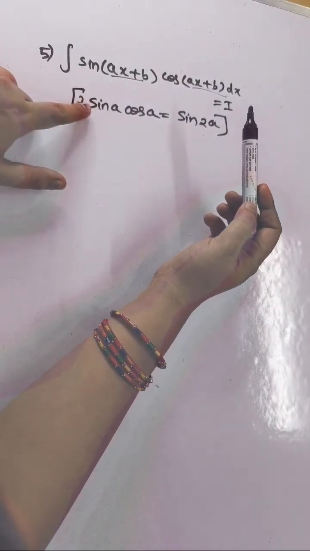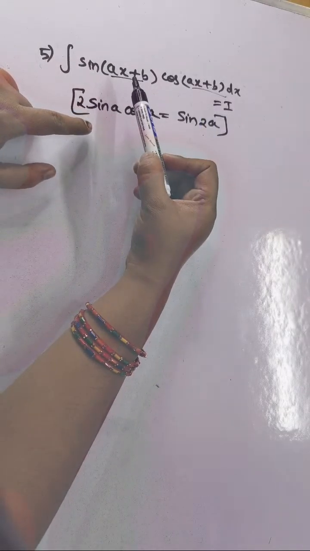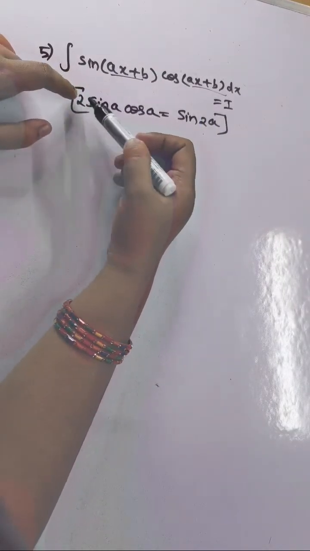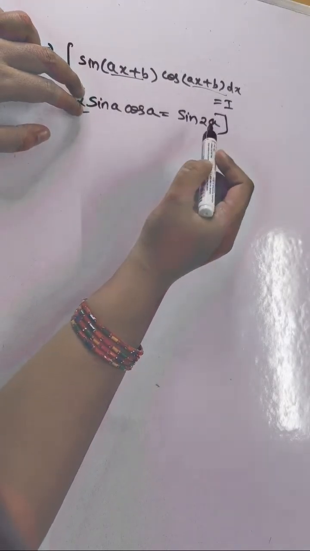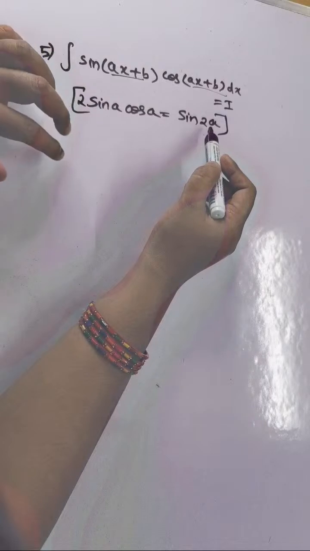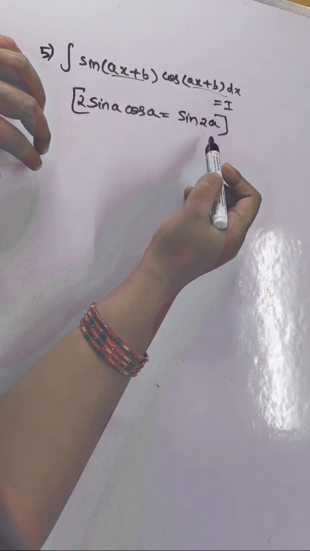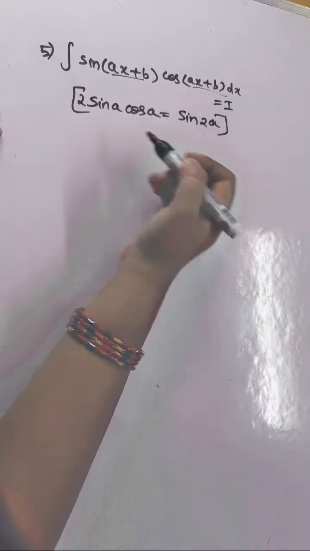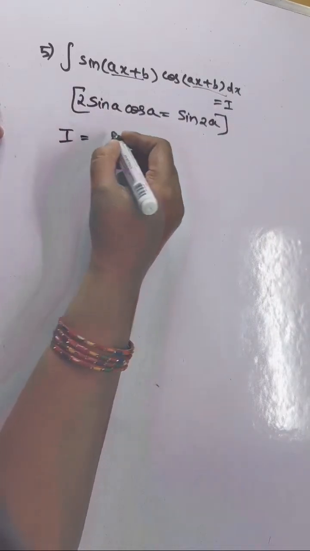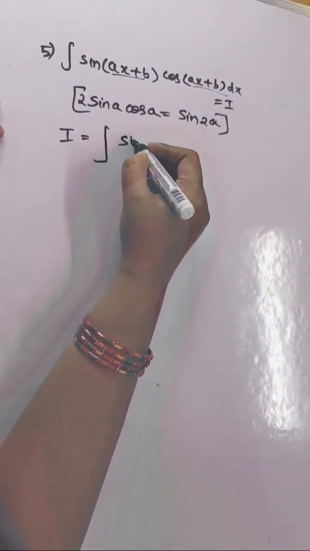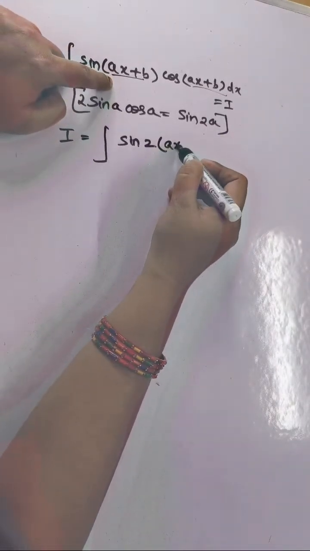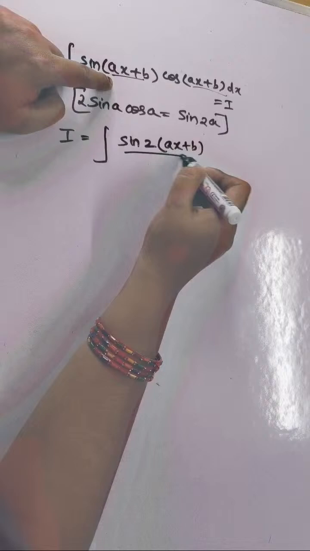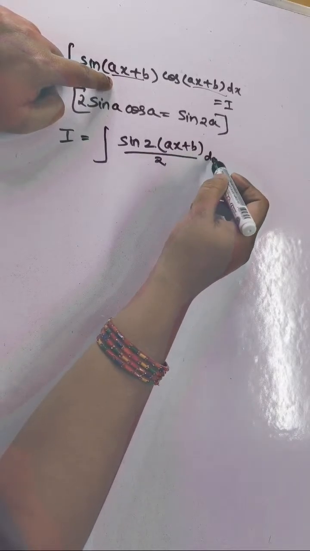In the formula you have 2, but in the question 2 is not mentioned. So take this 2 to the right side. Now the formula becomes sin A cos A equals sin 2A by 2. So the given question can be simplified as the integral of sin 2 of (AX plus B), the whole by 2, dx.